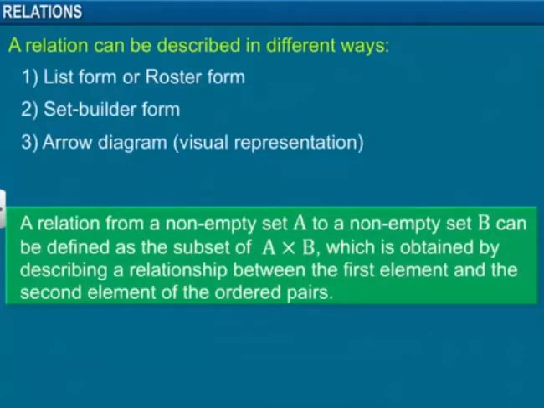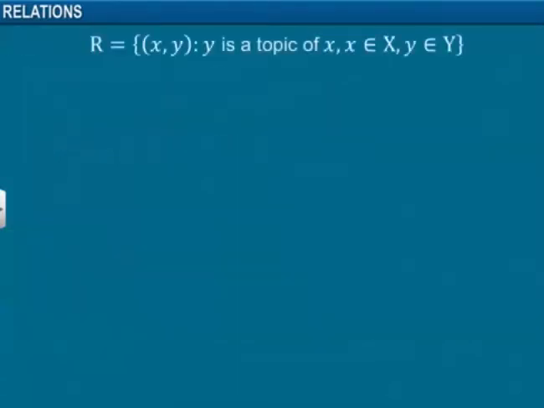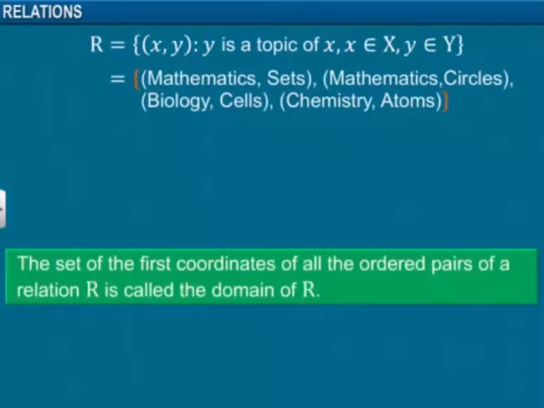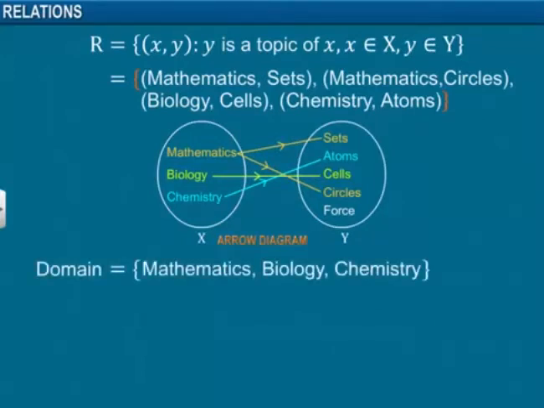The property that explains how the elements in each ordered pair are related is called the rule of relation or the formula of relation. Let us now find the range, domain, and codomain of the relation R. The set of the first coordinates of all the ordered pairs of a relation R is called the domain of R. In this case, the domain of R has 3 elements, namely mathematics, biology, and chemistry.